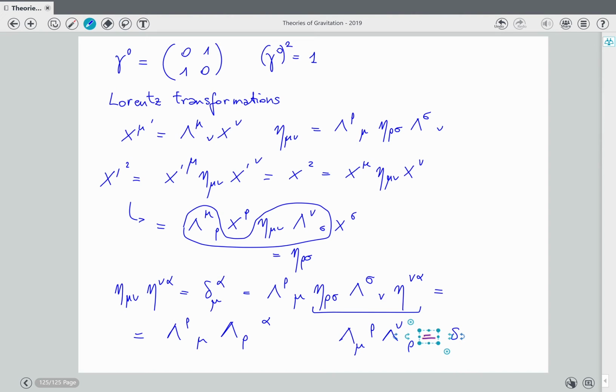And that will be equal to delta nu mu. Now, okay, the fermions. How do they transform under Lorentz transformations?